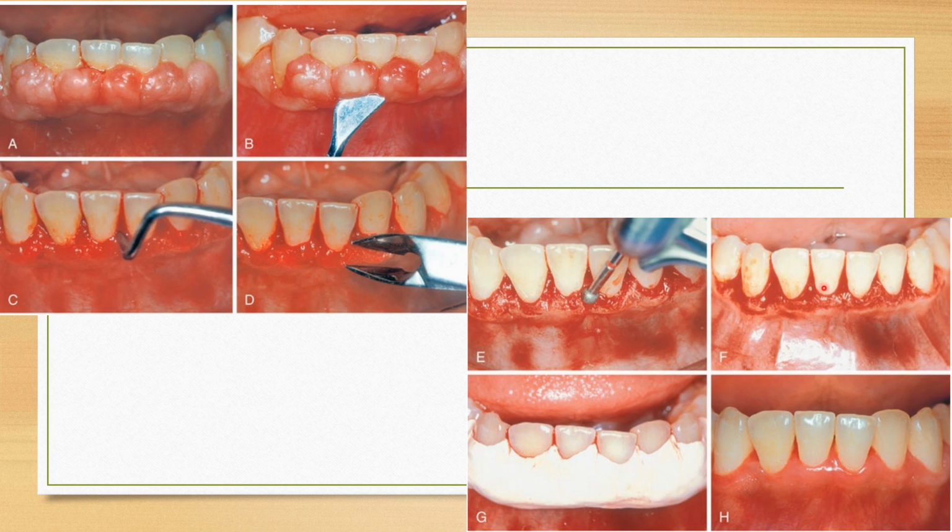This is the immediate picture after the procedure, and the periodontal pack has been given. You can see the difference from pre-operative to post-operative. Ideally, the gingival contouring has been done and a healthy gingival sulcus has been established.